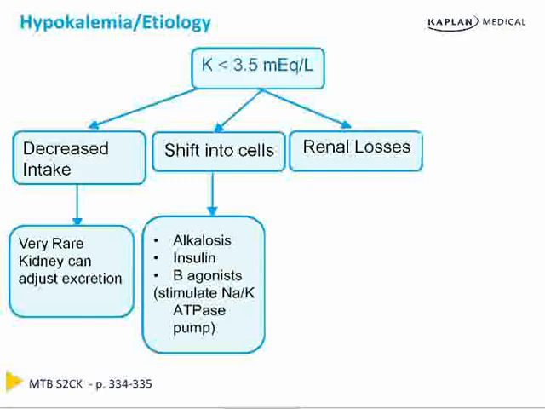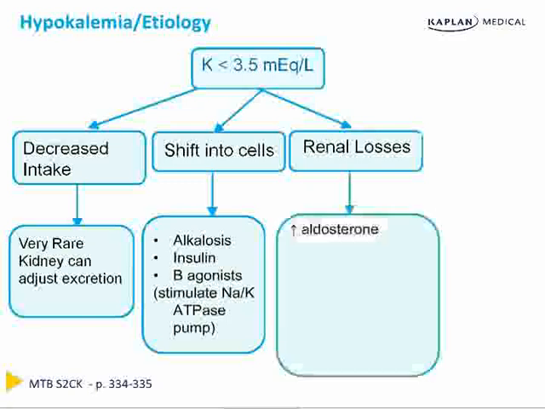The third major category of etiologies for hypokalemia include increased renal losses. Things that facilitate increased potassium loss through the kidneys include anything leading to a high aldosterone state. Again, remember the major actions of aldosterone. Aldosterone serves to increase sodium reabsorption, potassium excretion, and proton excretion.